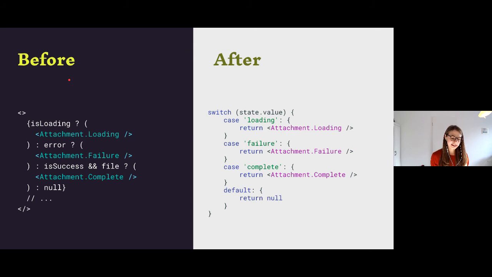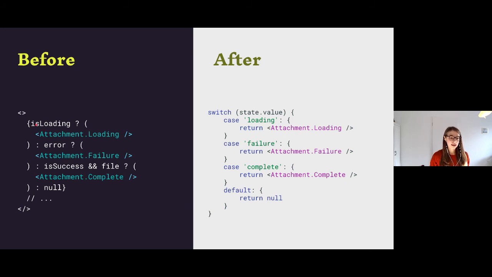So what we have done, we moved almost the entire logic to the finite state machine definition. And in order to see the benefits of how it will look in the UI component at the end, I have prepared the comparison before and after. So before, in our UI component, we were relying on multiple states in order to render necessary UI elements.